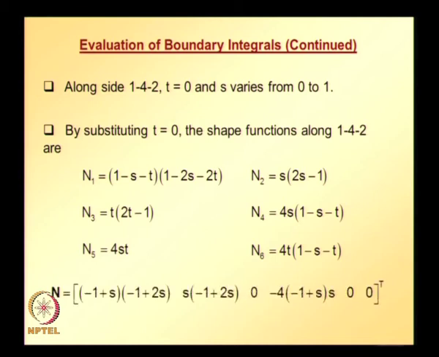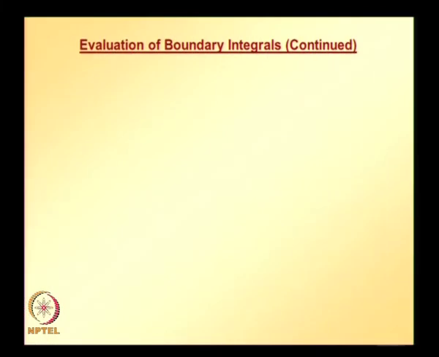By doing that and putting them in vector form, we get this shape function vector. Here we can make another substitution, or define another variable as a function of s, and simplify this vector further.